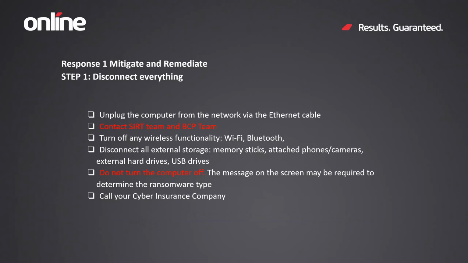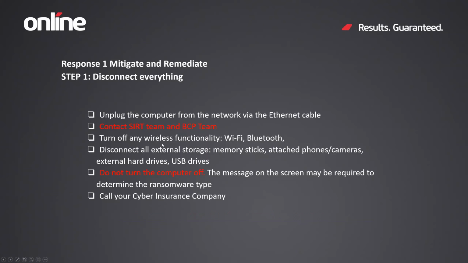Basically, this is what you do right away when you see ransomware on your systems. If you step down, there's a checklist. Make sure you contact your security incident response team and your business continuity team. Make sure you unplug the computer and turn off the wireless function. What I thought was interesting, and I found this in a few places, is that they don't want you to turn the computer off, because there might be data on it.